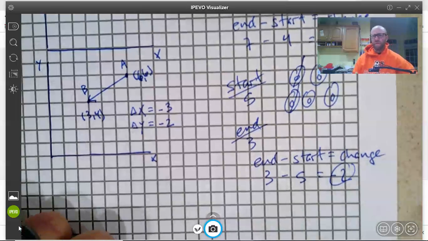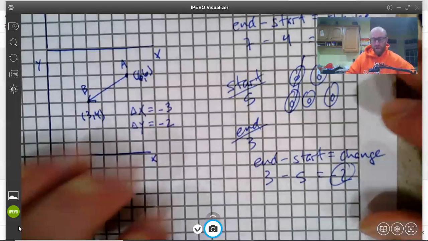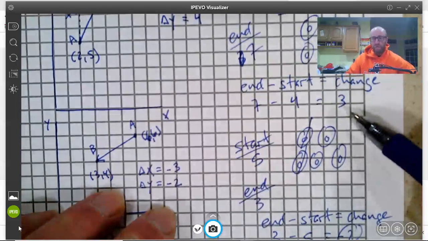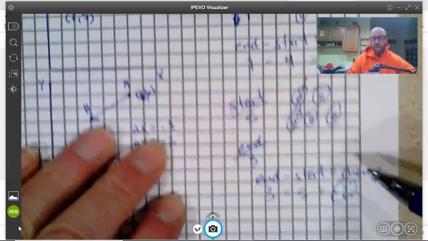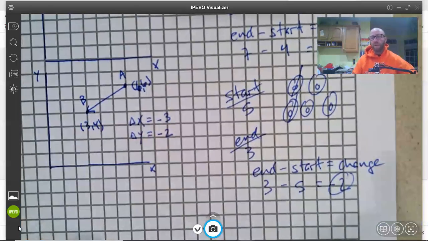You might ask, what does that mean, negative 2 donuts? Well, it means that the change in number of donuts was negative. So that means that donuts were taken away. We lost donuts. So here our change was positive because the number of donuts increased. And here the change was negative because the number of donuts decreased.